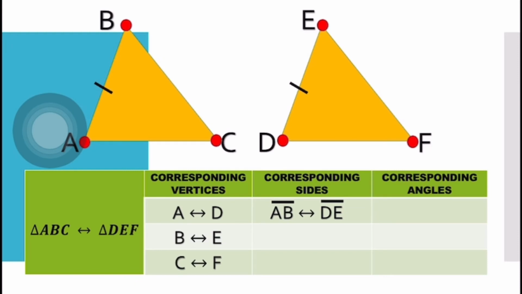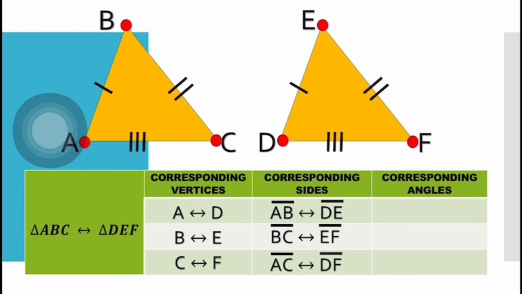Line segment AB is same as line segment DE. Line segment BC is same as line segment EF. And line segment AC is same as line segment DF.